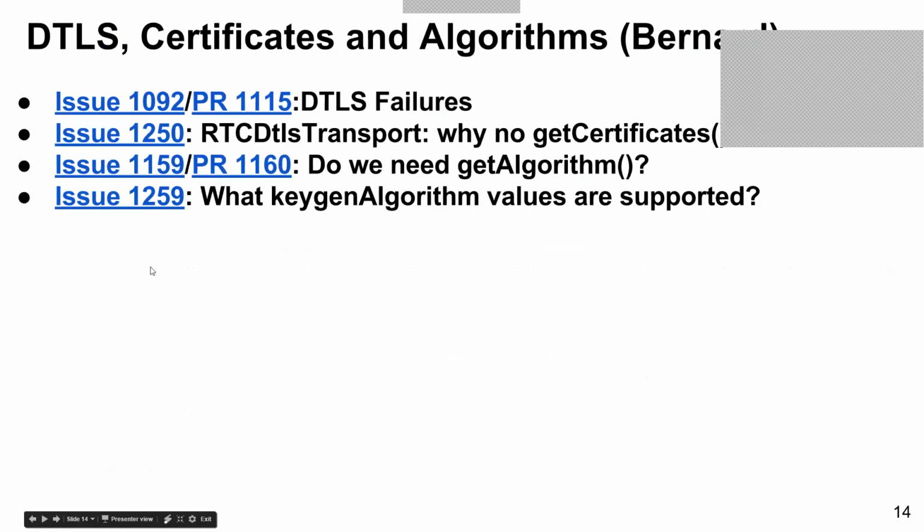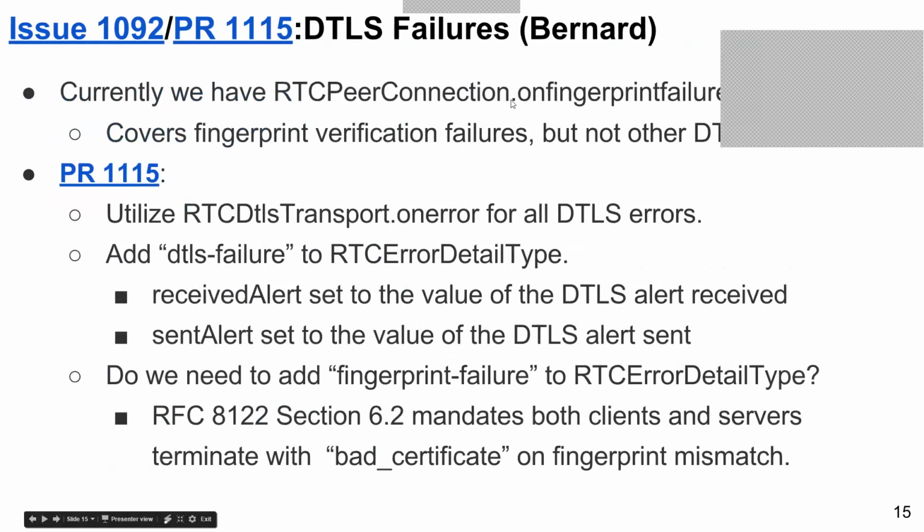Okay, the next cluster is relating to DTLS certificates and algorithms. The first one is relating to DTLS failures. We talked about it at the last interim, but then we had the issue of how the DTLS failures are fired and so forth.